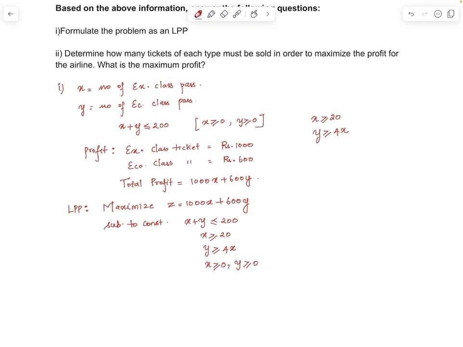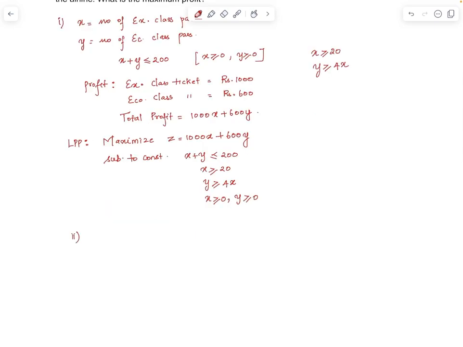Second question, determine how many tickets of each type must be sold in order to maximize the profit for the airline, and what is the maximum profit? To do this, we have to convert all the linear inequalities to linear equalities, then graph it, get the boundaries of the feasible region, and then find the value of Z and figure out which is the maximum out of this.